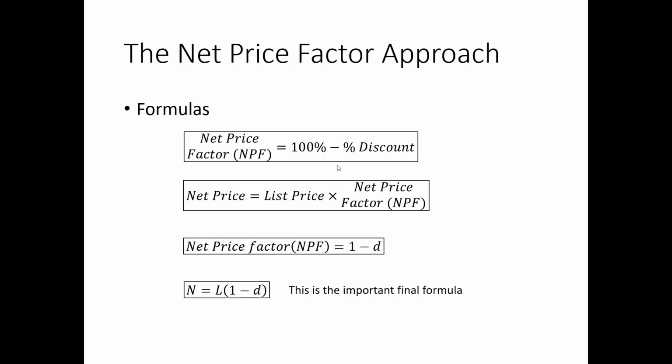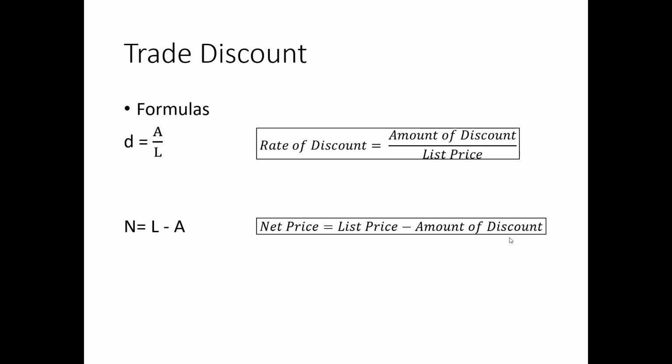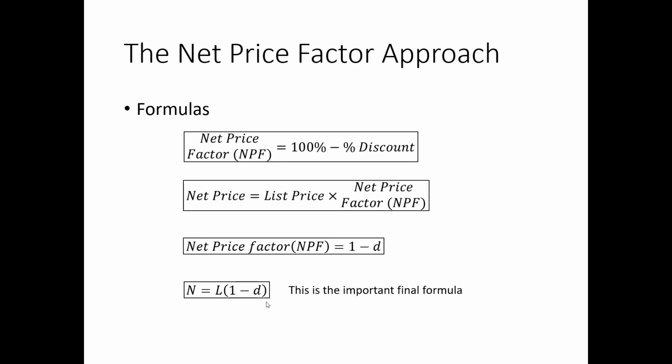When you go through all that, you get a nice little formula on the bottom, which pulls that amount of discount calculation into the equation for net price, brings it all together, and cleans up the math so it's a sleek formula. That's the most important formula there. The net price N is just the list price times, in brackets, 1 minus the discount. That's the key thing.